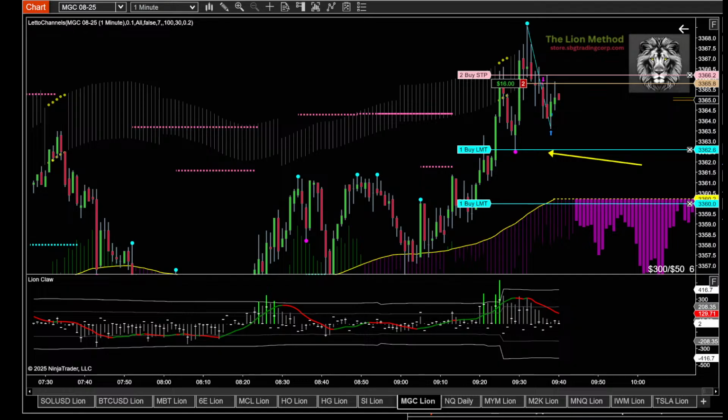Net delta is wavering right around 0. I've got 2 contracts short here.